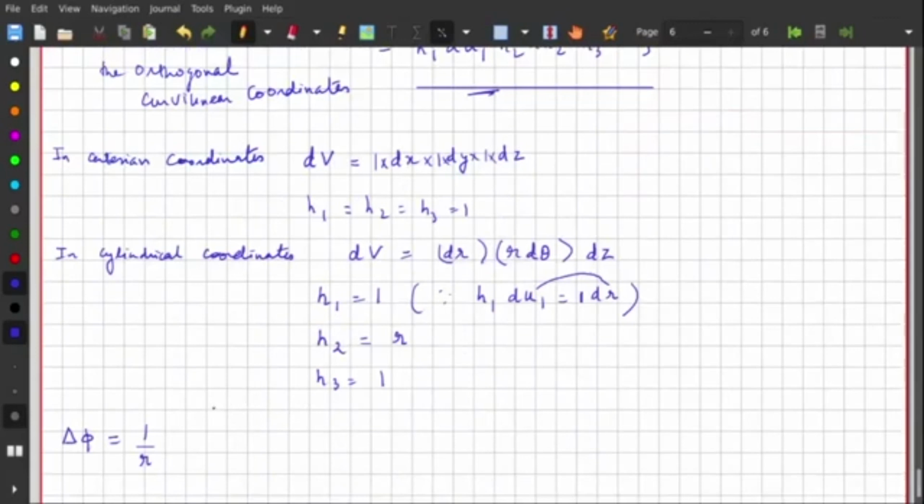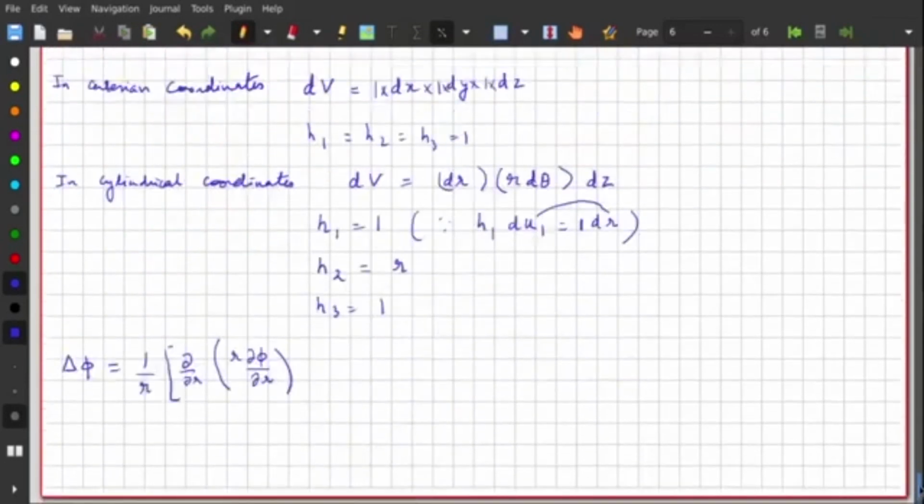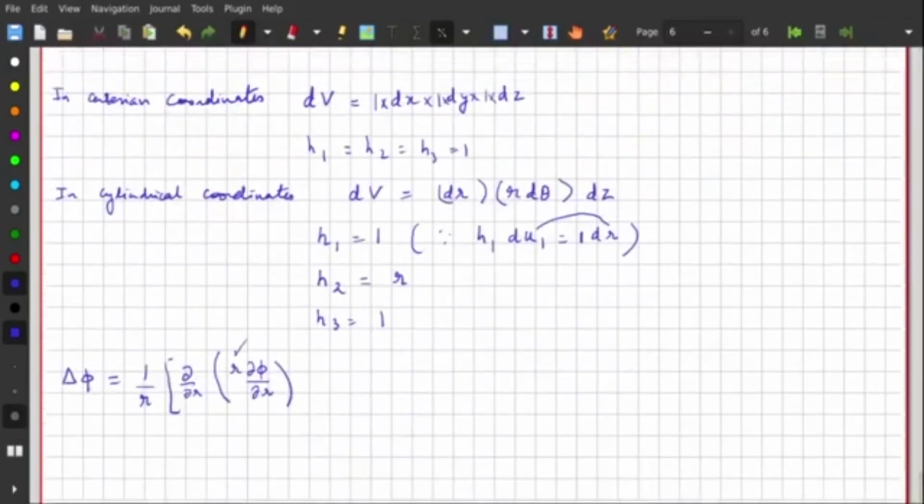This becomes ∂/∂r of r ∂Φ/∂r, because that is h2 h3 by h1, and since h2 is r, this r comes from that h2, plus ∂/∂θ of 1 over r ∂Φ/∂θ, plus ∂/∂z of r ∂Φ/∂z.